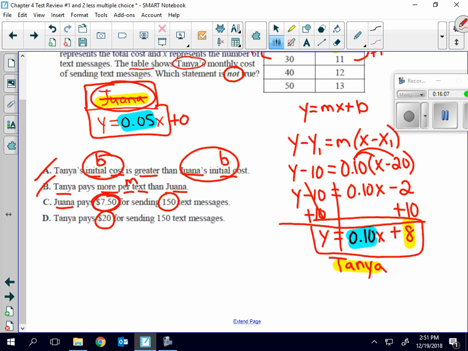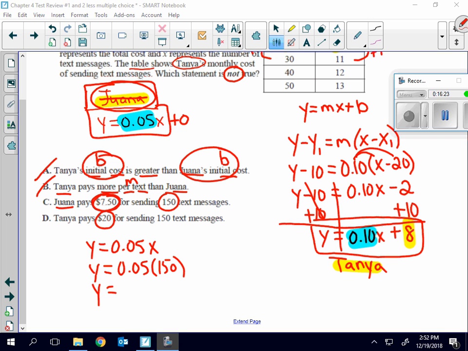So we have y equals 0.05x, we're going to plug in 150 for x. And 150 times 0.05 is $7.50, or 7.5, which of course in money is $7.50. So that one is true, so it must be D.